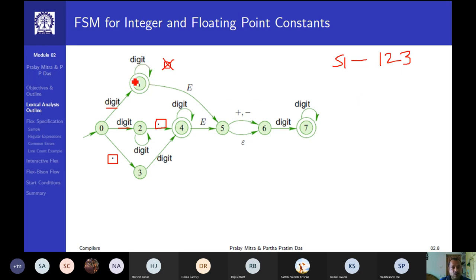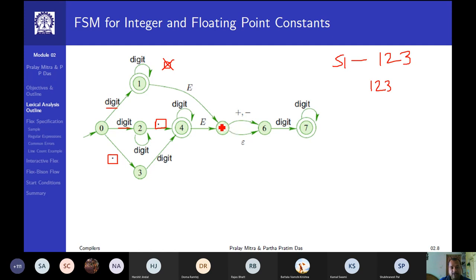That is my 1, 2, 3 state. Now after this 1, 2, 3, I may wish to say there is an e to the power something. So if I write e after 1, 2, 3, then from 1 I will transit to 5.